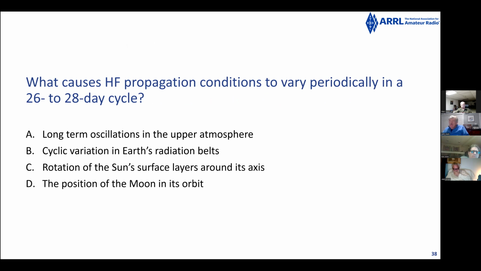What causes HF propagation conditions to vary periodically in a 26 to 28 day cycle? A, oscillations in the upper atmosphere. B, cyclic variations in Earth's radiation belts. C, rotations of the sun's surface layers around its axis. Or D, the position of the moon in its orbit.